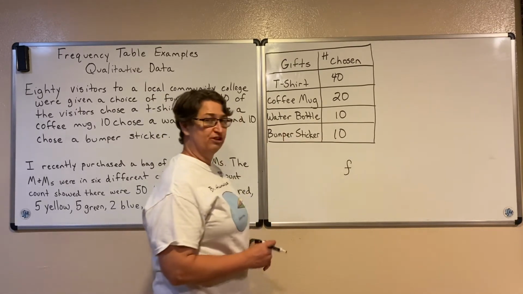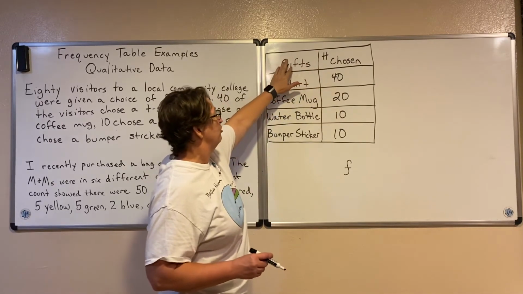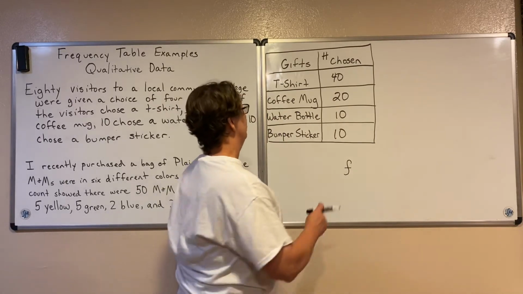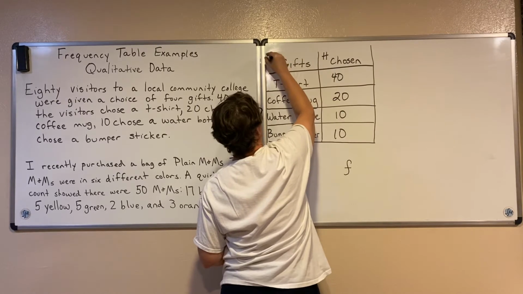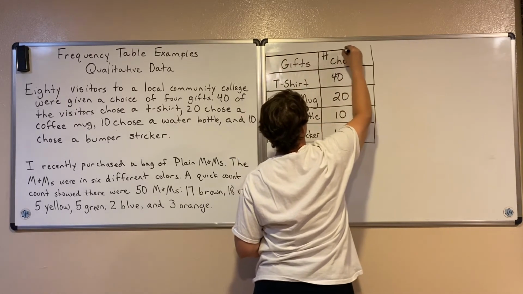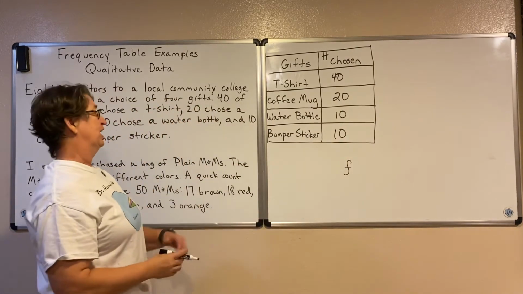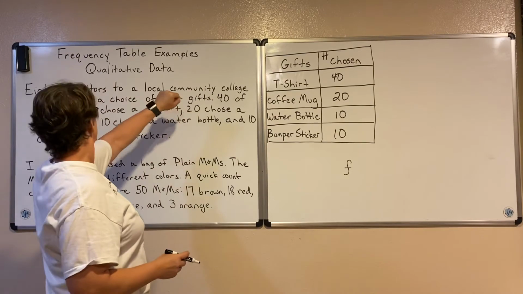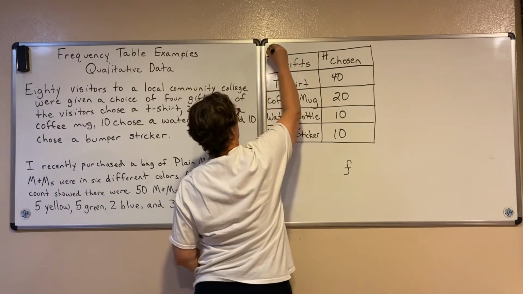Now, all displays need to make sure that they have good labels. So here, notice I labeled each of my columns. And then they also need a title, somewhere around it, to let my reader know what it is that we're even displaying. What is this data? Well, in this one, it was gifts given at the community college. So maybe we make that our title.